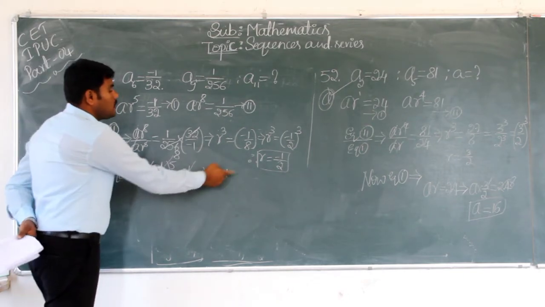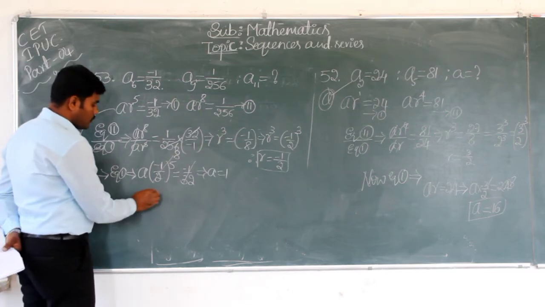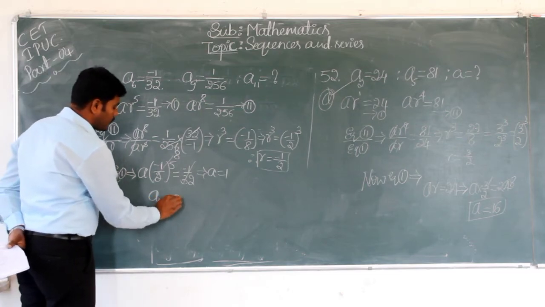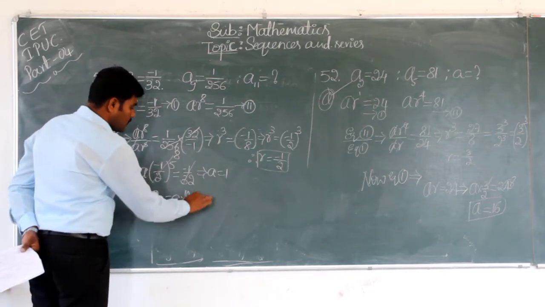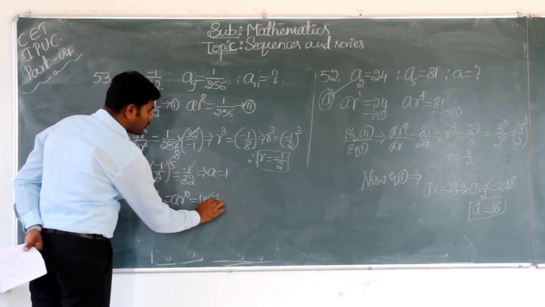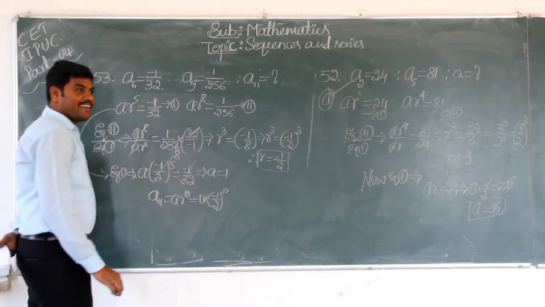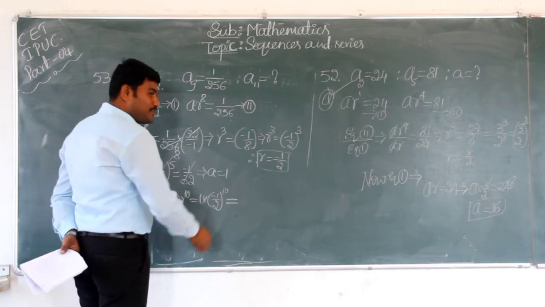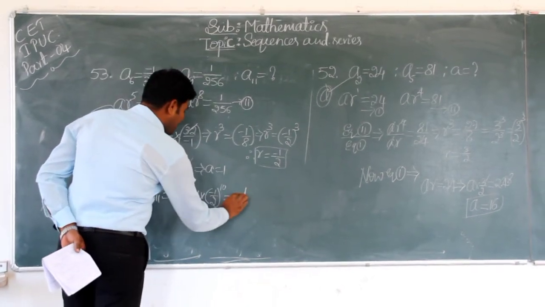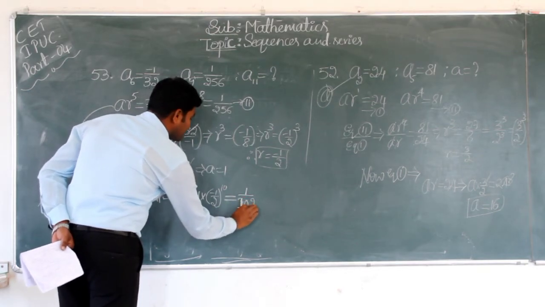Here A is 1, and the common ratio is minus 1 by 2. Find out what the 11th term is. The 11th term of a GP is written as A into r to the power of 11 minus 1, that is 10. A means 1, and r is minus 1 by 2, to the power of 10. That is equal to minus 1 by 2 to the power of 10, that becomes 1 upon 1024.